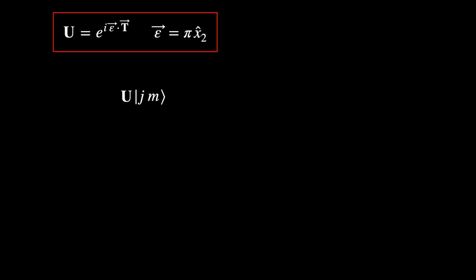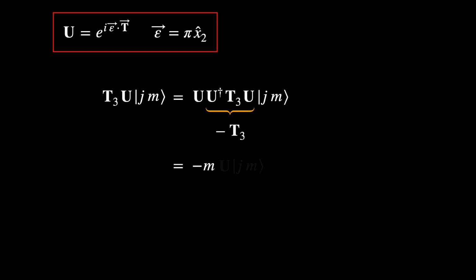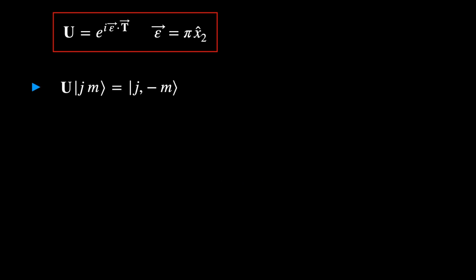What is the value of T3 for the state U on Jm? T3 is flipped around by the transformation. Minus T3 acting on the state Jm just gives minus m. Thus U on Jm is equal to J, minus m. So the transformation above flips the value of T3 for the state.